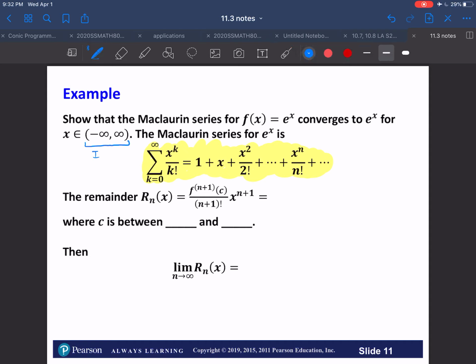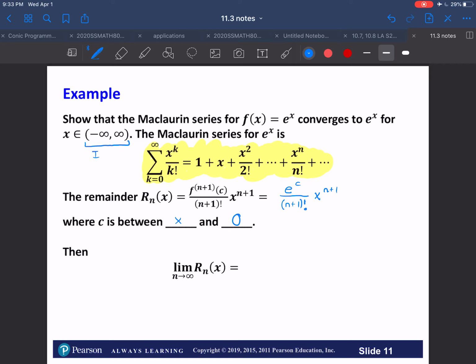So this whole thing is equal to e to the c over n plus 1 factorial times x to the n plus 1. And of course, in this case, c is some value between x and a. Since this is a Maclaurin series, this is some value between x and 0.